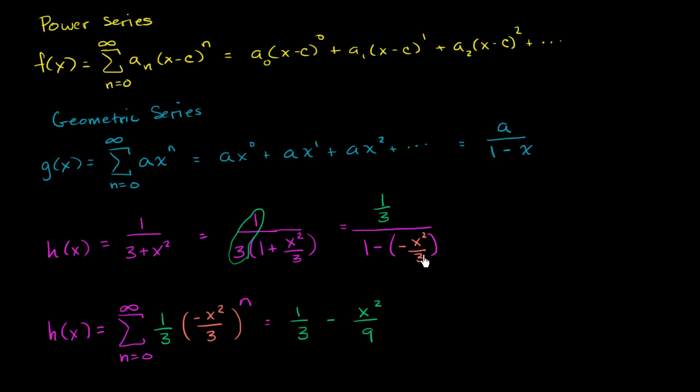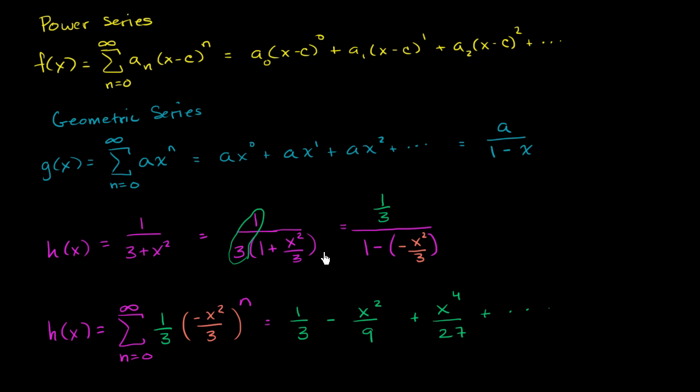And then if I were to multiply by negative x squared over 3 again, now I'm going to get positive x to the 4th over 27. Notice the common ratio. Every time to go from here to there, I have to multiply by negative x squared over 3. To go from there to there, I have to multiply by negative x squared over 3. And I could keep going on and on and on.